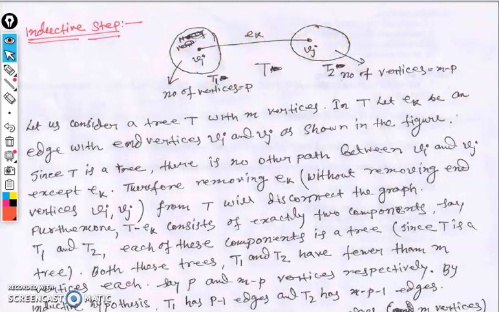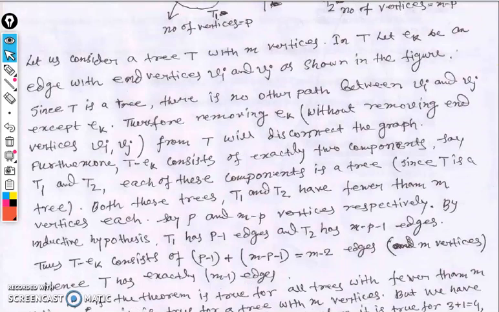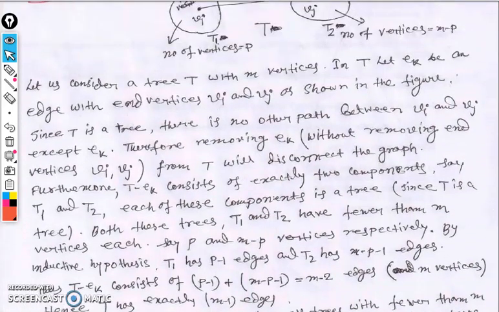Here we write this concept: when we delete this edge, we find two components. We should consider each of the components, because they should be connected graphs, since each is a component.